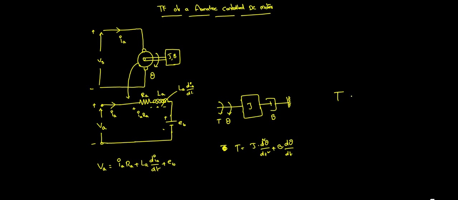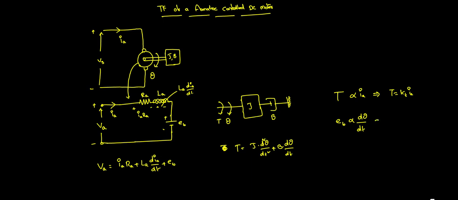generated by the DC motor is directly proportional to the current IA. So this can be written as T is equal to KT into IA. Similarly, the back EMF, because that is the opposing force, is directly proportional to the angular velocity of that particular shaft.